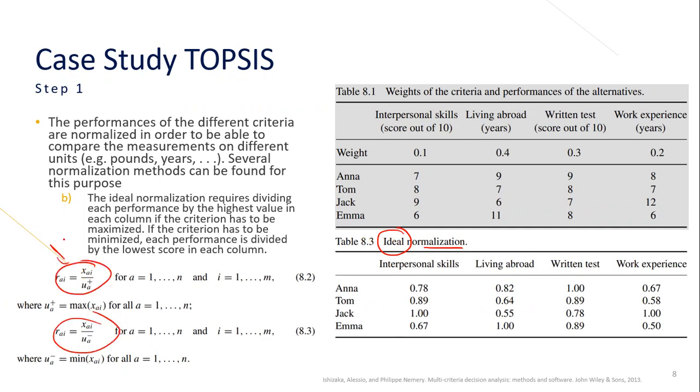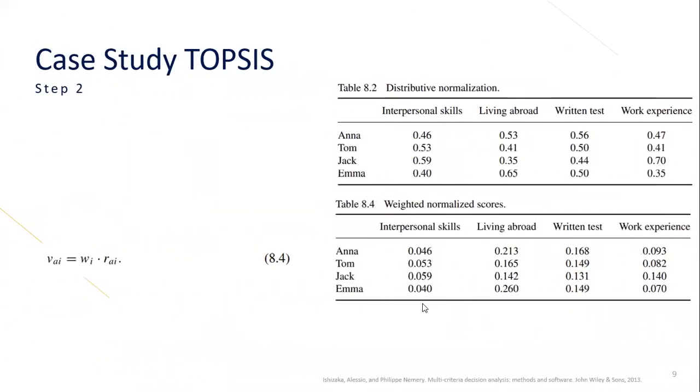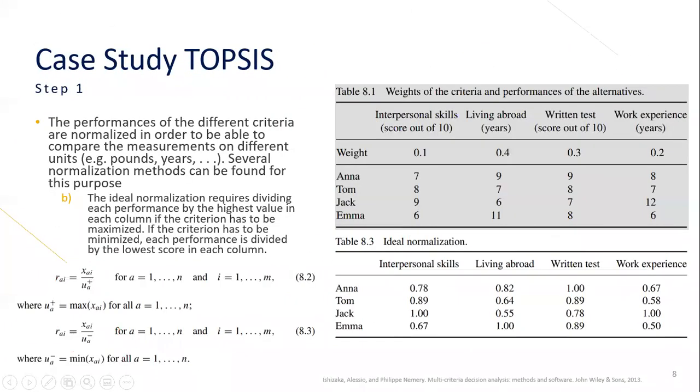The first one is for a criterion that you are going to maximize, and this one is for a criterion that you are going to minimize. So first you need to understand which criteria are going to be maximized and which are going to be minimized. For example, here, interpersonal skill.